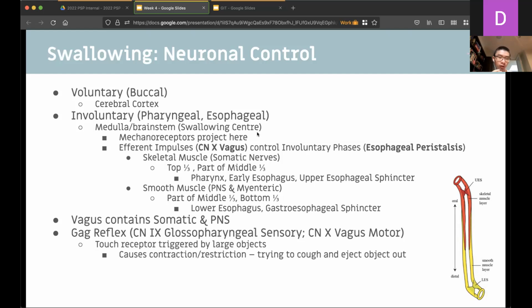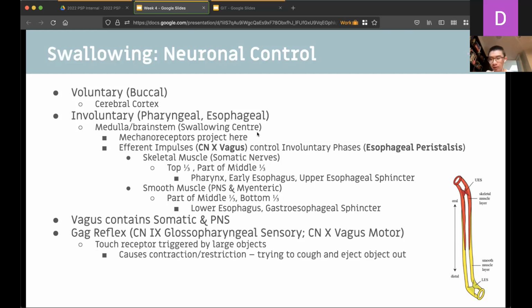That's further divided into skeletal muscle or smooth muscle. You've got the top third and part of your middle third, which is the pharynx, early esophagus, and upper esophageal sphincter. That's your skeletal muscle. And your smooth muscle is part of the middle third and your bottom third, the lower esophagus and lower esophageal sphincter.